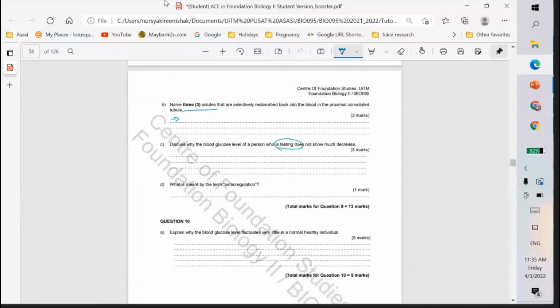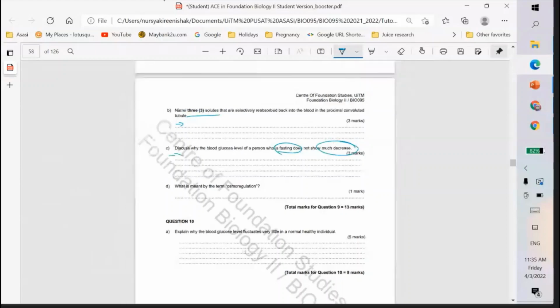This one, my answer is when fasting, the blood glucose level will fall, and then the alpha cells of the pancreas will secrete the hormone of glucagon into the blood. The hormone glucagon will promote the breakdown of glycogen in the liver and then release glucose into the blood. Thus, the blood glucose level will rise to the normal set point.